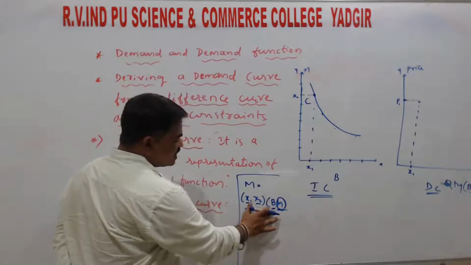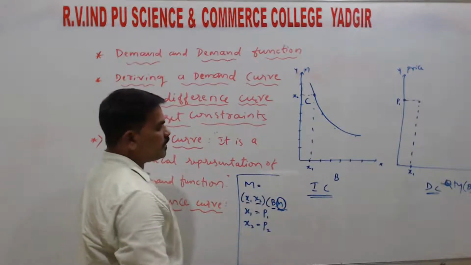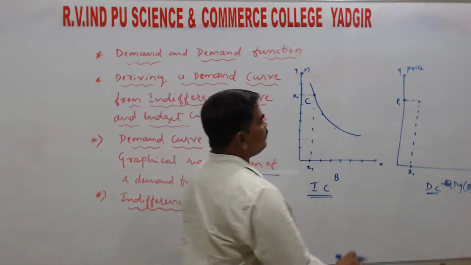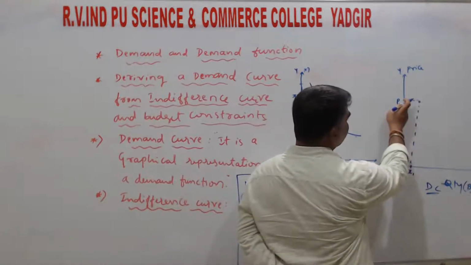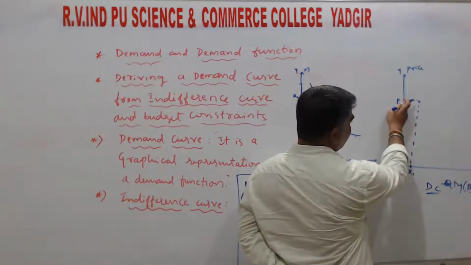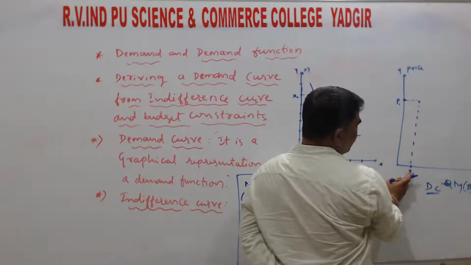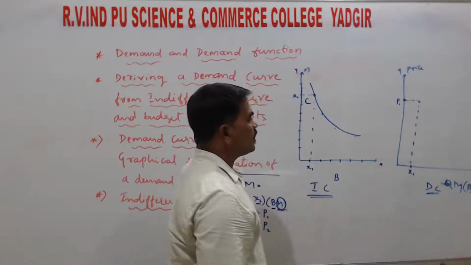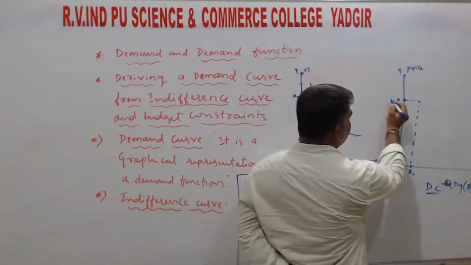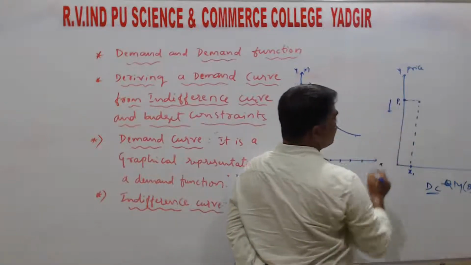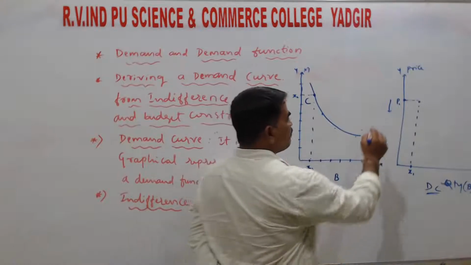Only we are changing the price of the banana here. So if in the demand curve this is the price of the banana, then the consumer will go with this quantity.